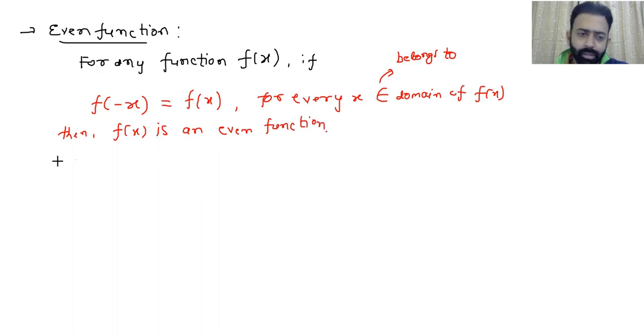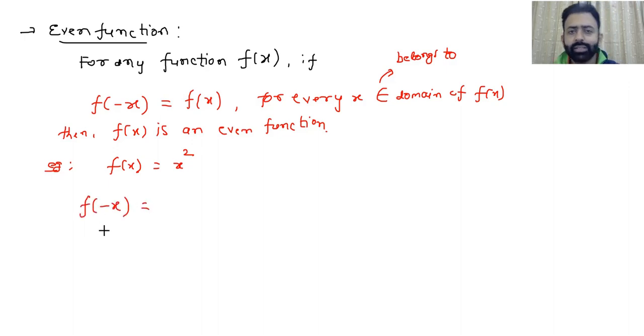Example number 1, you can have the function f(x) is equal to, let us say, x squared. This is a simple quadratic function, a simple polynomial function of degree 2. So how can we determine whether this is an even function? There are 2 ways in which you can determine. First way is algebraic, in which if I put f(-x), so -x means wherever x is written in the definition of the function, you replace that by -x.